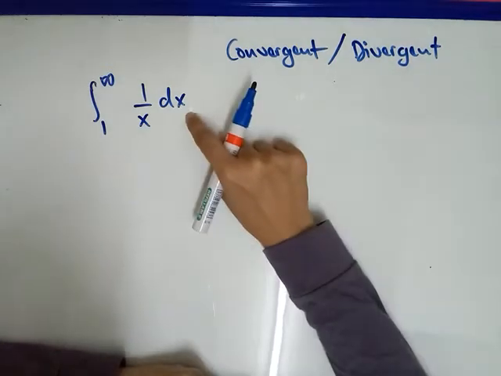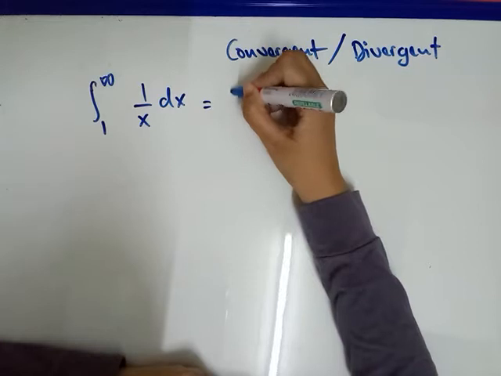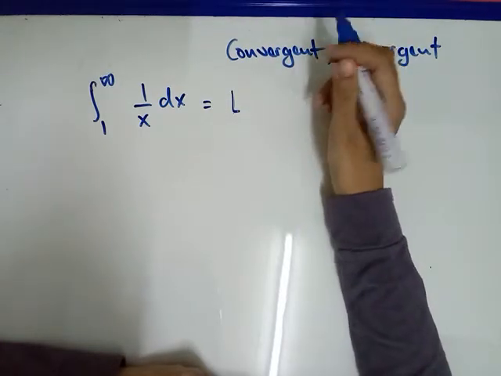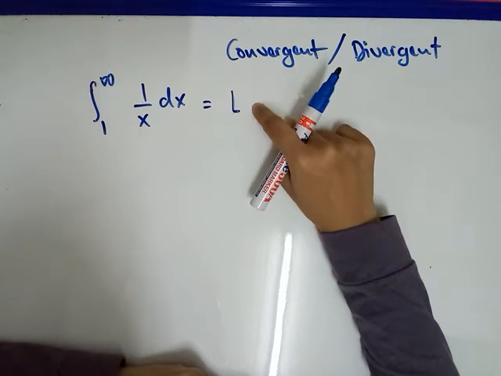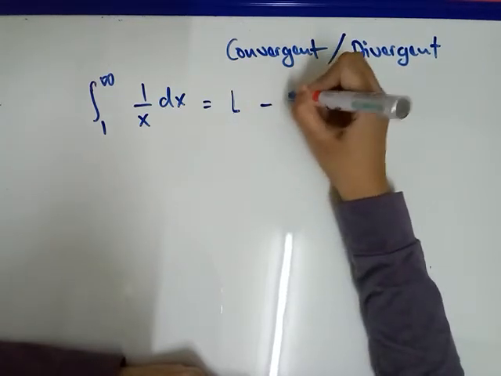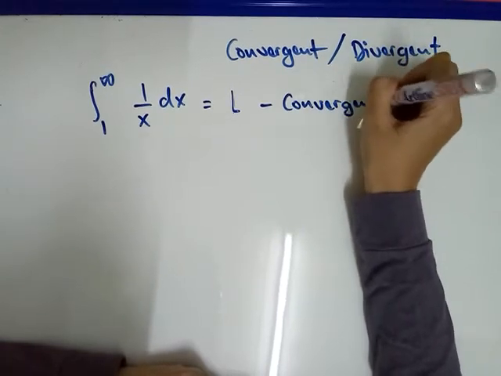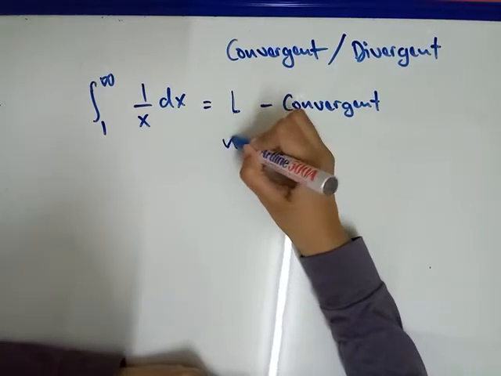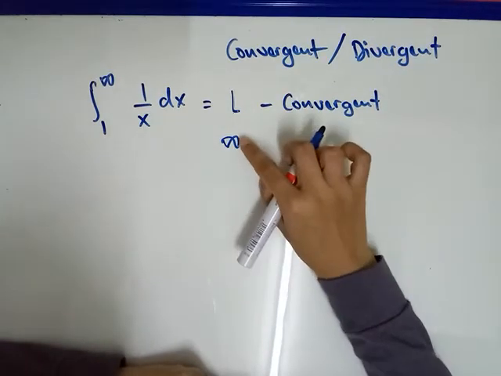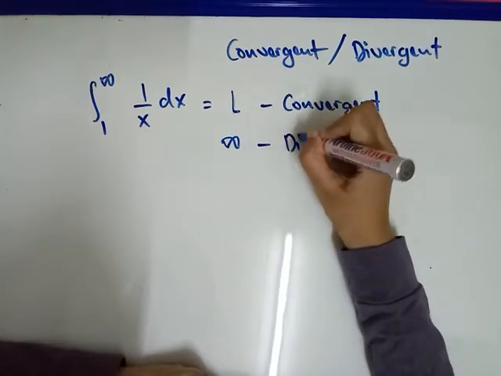When we solve this, if the limit exists, it means we get a single number, and we call it convergent. But if we get infinity, we call it divergent.